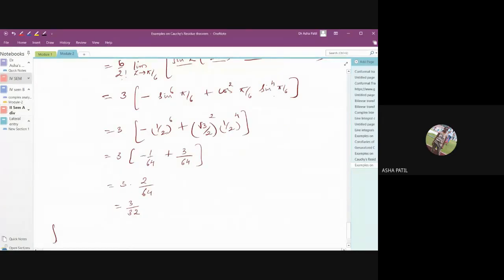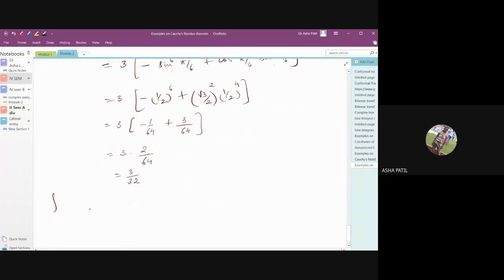Now the integral value. Usually what happens is you'll calculate the residues and leave it off. You'll forget the last part only, writing the value of the integral. The integral of sin^6 z divided by (z minus pi by 6) raised to 3 dz. The value of this integral by Cauchy's integral theorem is 2 pi i into the summation of residues. However, here we have only one residue.